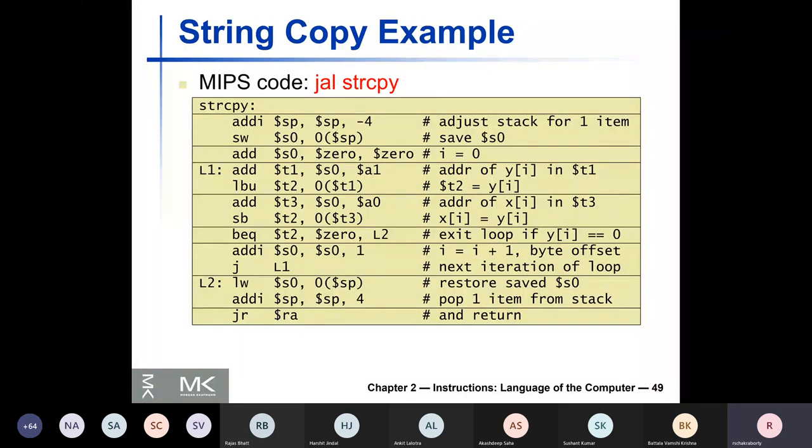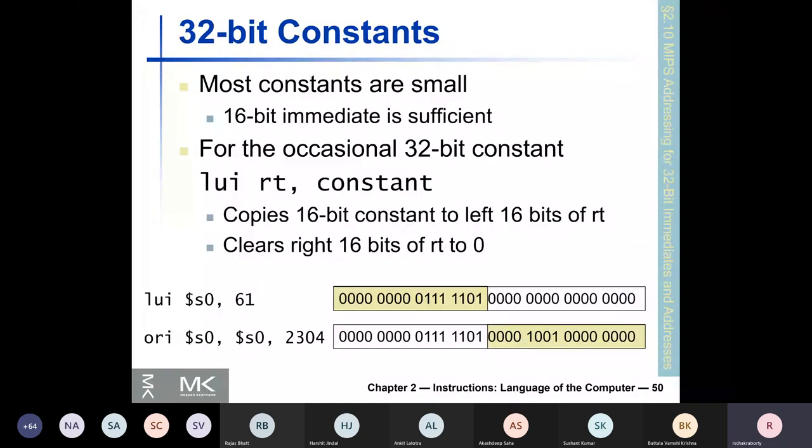Anyways, coming back to how to initialize registers with 32-bit constants. For a 32-bit constant, the MIPS instruction set has a peculiar instruction called load upper immediate, or LUI. Load upper immediate has got nothing to do with unsigned.